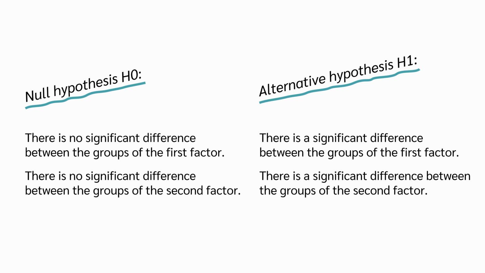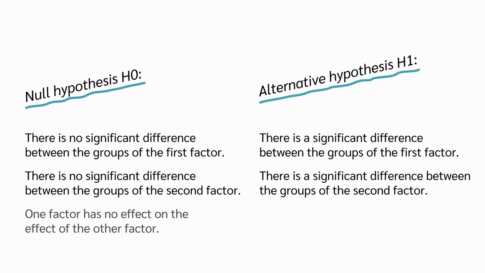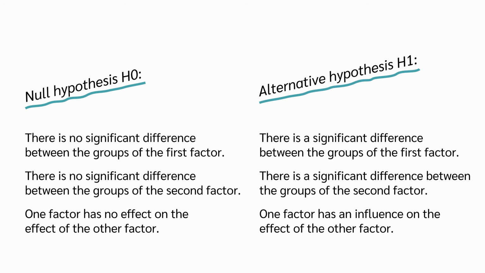And the alternative hypothesis, there is a significant difference between the groups of the second factor. And the third null hypothesis reflects the interaction effect. One factor has no effect on the effect of the other factor. And the alternative hypothesis, at least one factor has an influence on the effect of the other factor.